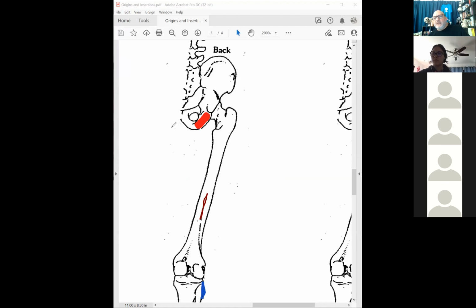Now, how many joints does this cross? Two. What are the two? Your knee and the hip. The knee and the hip. So it is going to affect both the knee and the hip.